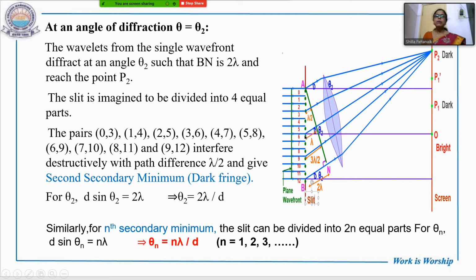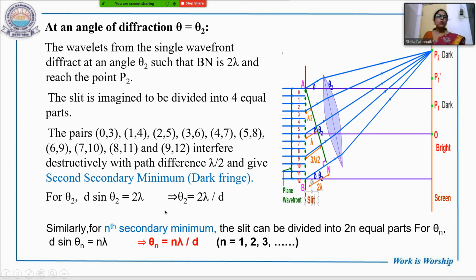Similarly, for every point source on the third part of the slit, there is a corresponding point on the fourth part, who will undergo destructive interference or produce minima. That means 0 and 3, 1 and 4, 2 and 5, like this. These waves will undergo destructive interference to produce a minima.